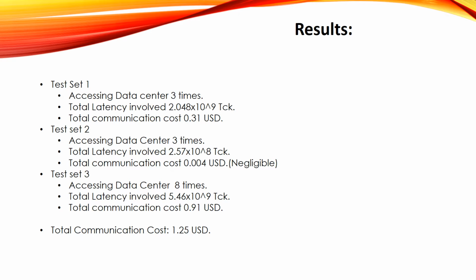For test set 3, the data center is accessed 8 times, and the total latency will be these many clock cycles, and the total communication cost for test set 3 will be 0.91 US dollars. So the total communication cost turns out to be 1.25 US dollars.